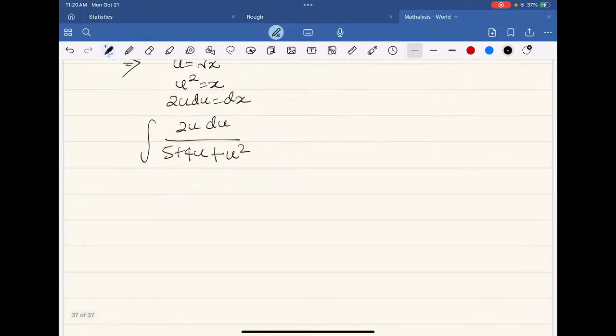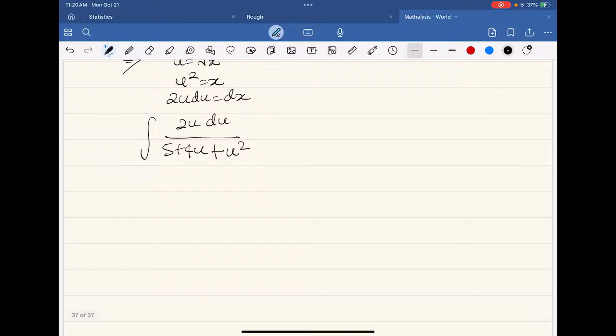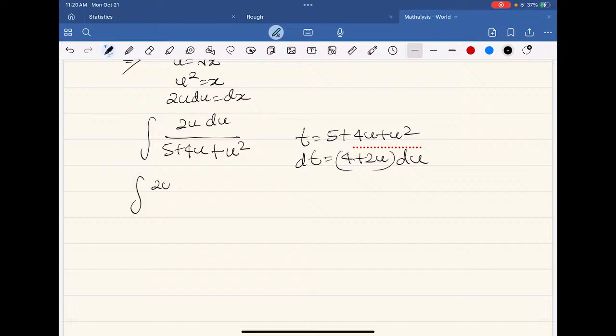Now, notice that if you make a substitution again, that t is 5 plus 4u plus u^2, dt is going to be (4 plus 2u) du, right? Now we already have 2u over here in the numerator. So what we will try to do is introduce a plus 4 and then a minus 4.